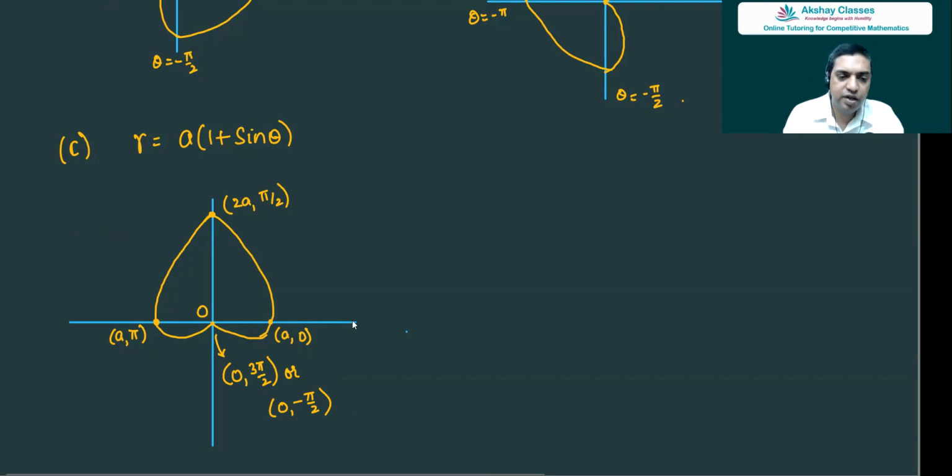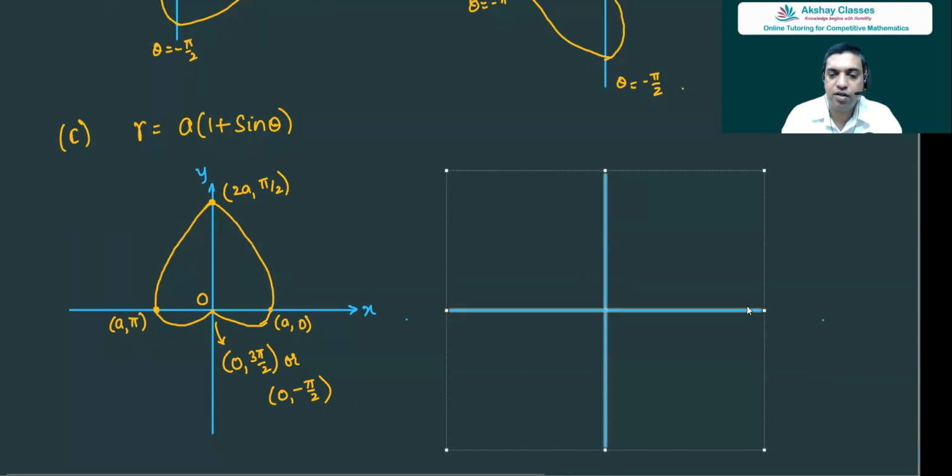Interestingly, in GATE, we have got questions on cardioid. They have not mentioned it as cardioid, but this is the curve. In some previous papers, we have got questions on cardioid. I should not write this as X and Y. It gives a wrong impression.